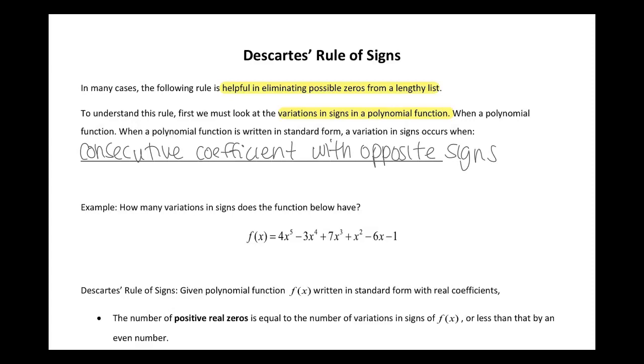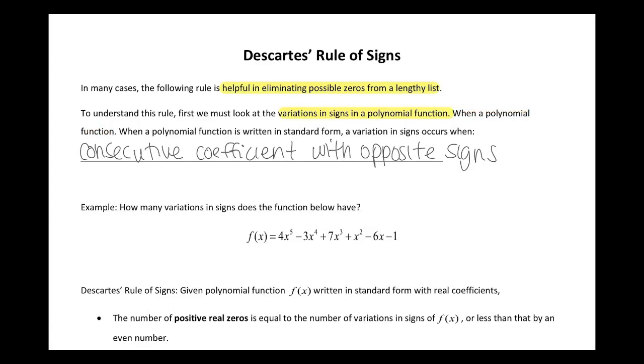I'll read that again. When a polynomial function is written in standard form, a variation in sign occurs when consecutive coefficients have opposite signs. When you see that it's going from one sign to the other, that's when you're going to have a sign variation. This sentence that I'm crossing out, I completely forgot to continue the sentence, so ignore that part.